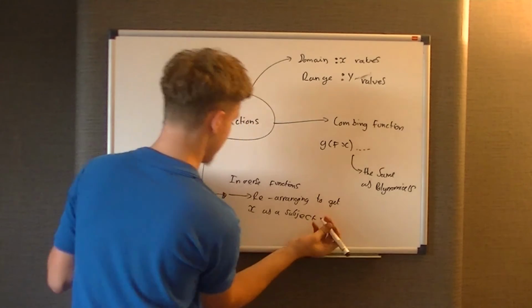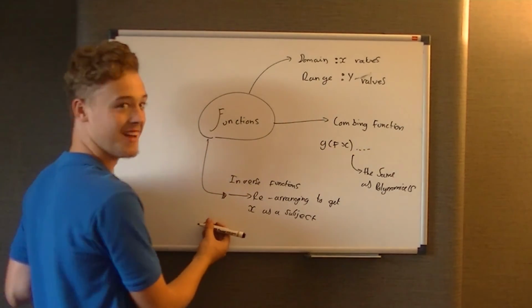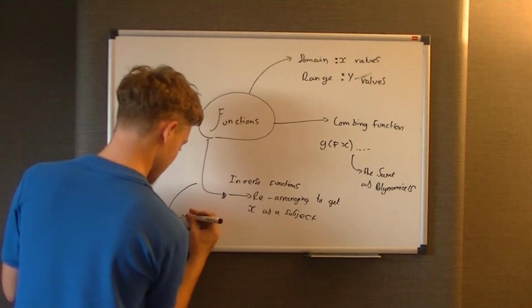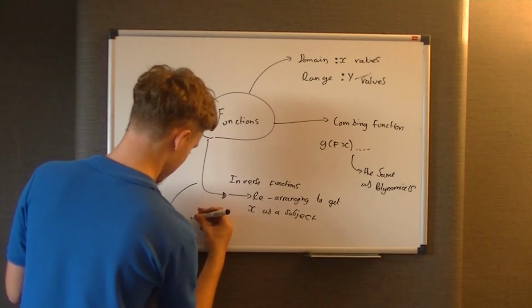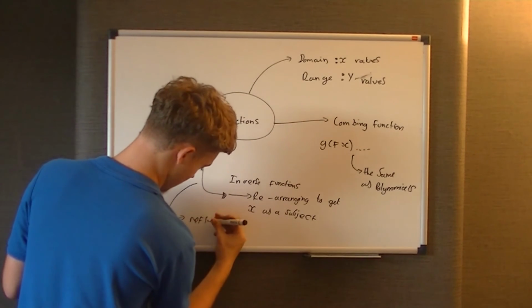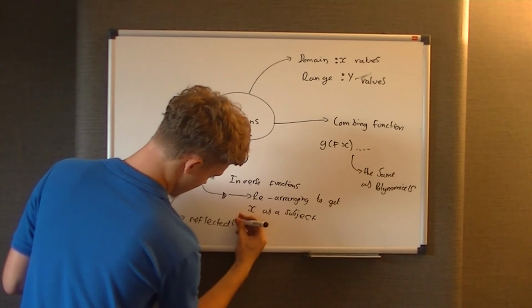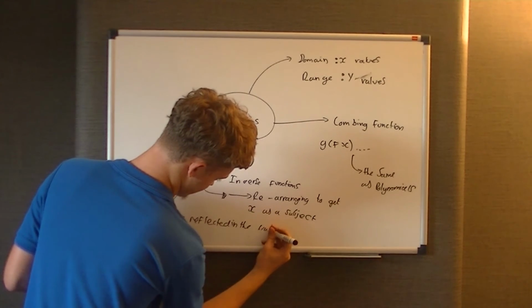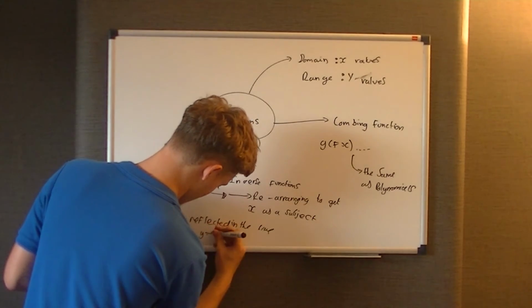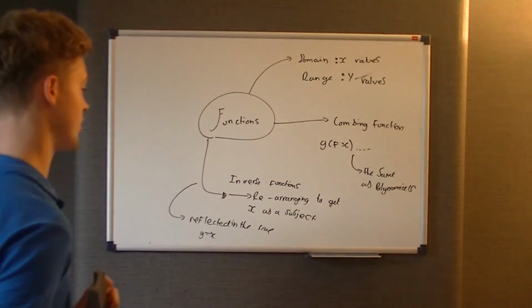And on the subject of inverse functions, we said the inverse function of a graph is reflected in the line y equals x. So that's what we said about inverse functions.